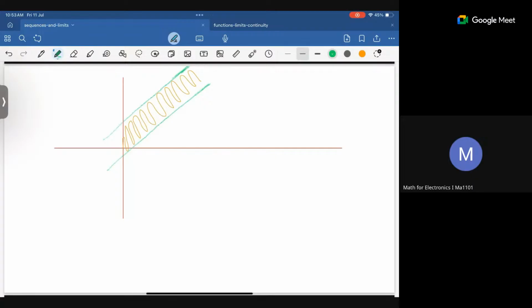Bounded means, can I draw two parallel lines with respect to the x-axis such that my plot will not go above or below them? It's not possible. So it's not bounded actually.